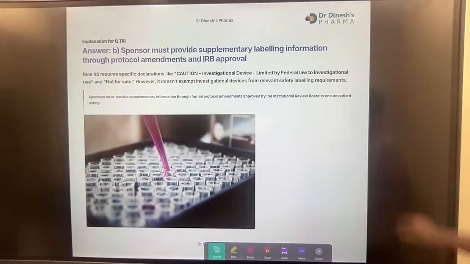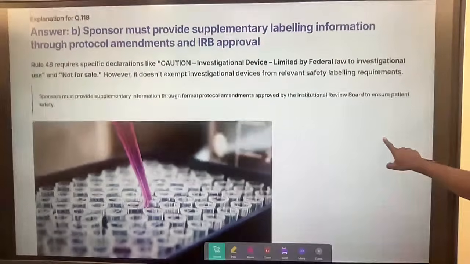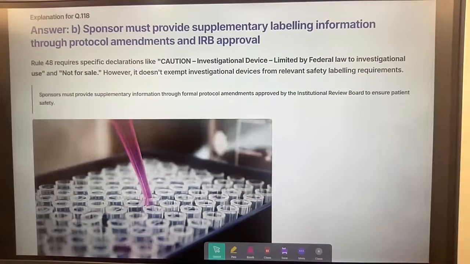Somebody answered A. The answer is B. Sponsor must provide supplementary labeling information through protocol amendments and IRB approval. This is the right answer. Why? Rule 48 requires a specific declaration like caution, investigational device, limited by federal law to investigational use, not for sale. However, it does not exempt investigational devices from relevant safety labeling requirements.